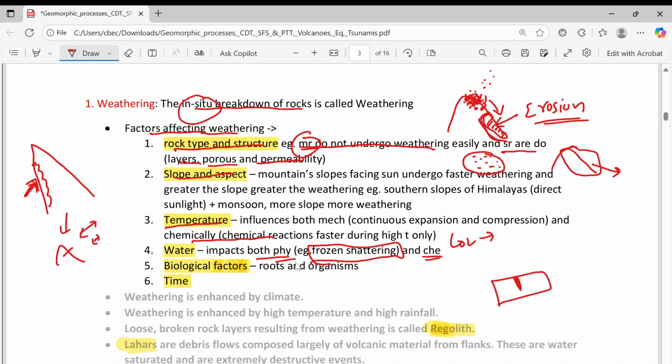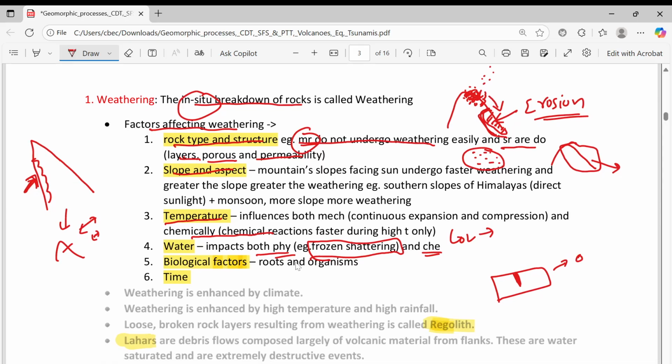Then what will happen? The rock will slowly start cracking. Ultimately this rock will convert; shattering means it will become very small pieces. For example, glass shatters. When glass falls down, it breaks into pieces. Similarly, in frost shattering, when water is stored, it converts into ice at night time or in winter time.